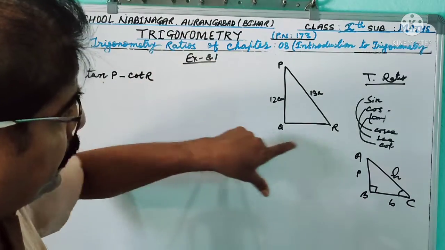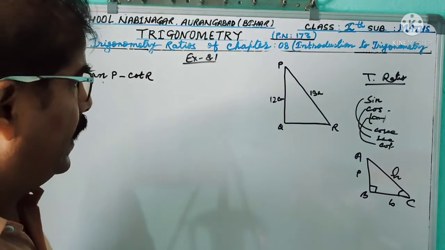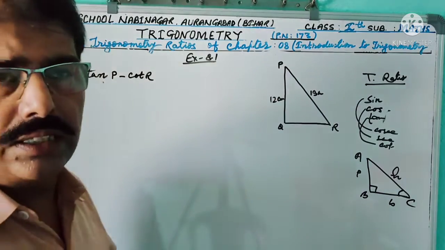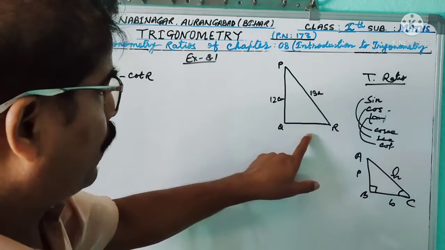Given that PQR is a triangle in which PQ equal to 12 cm, PR equal to 13 cm. So first you find QR.